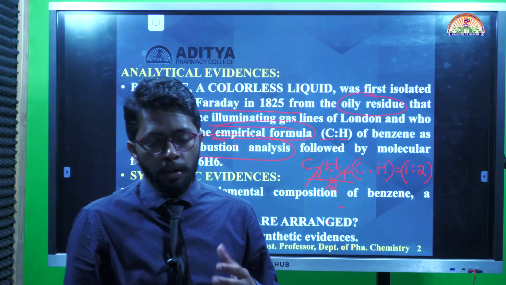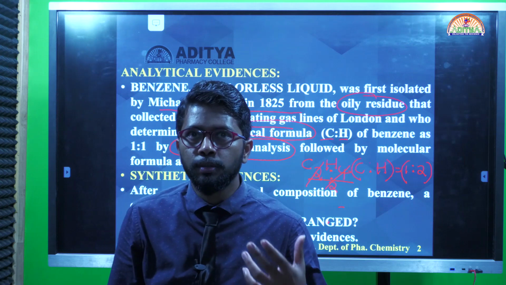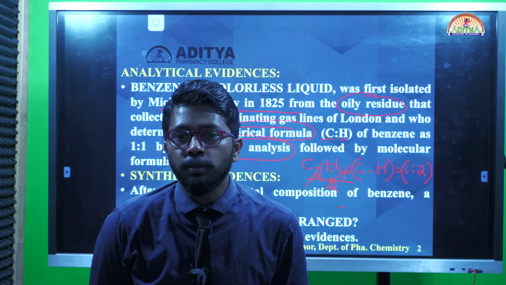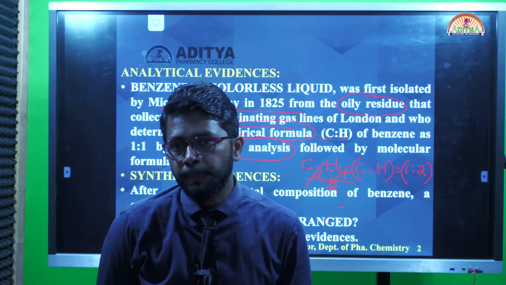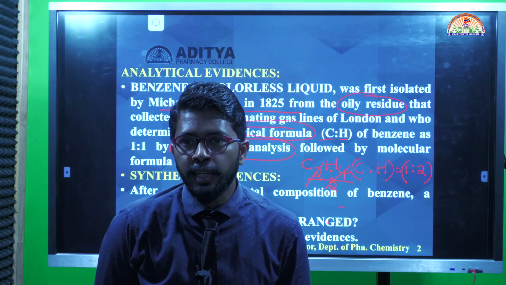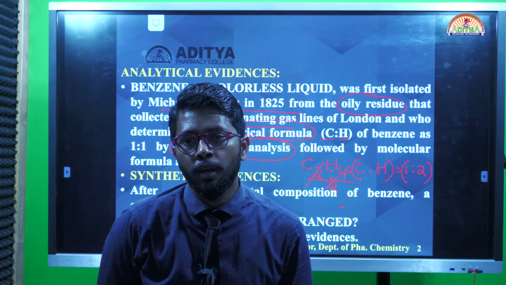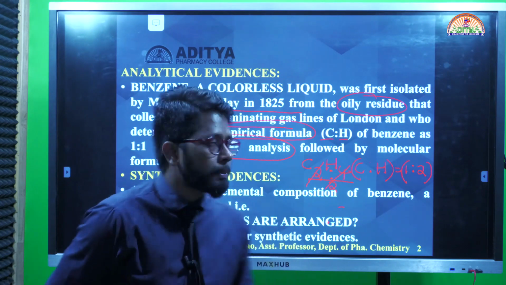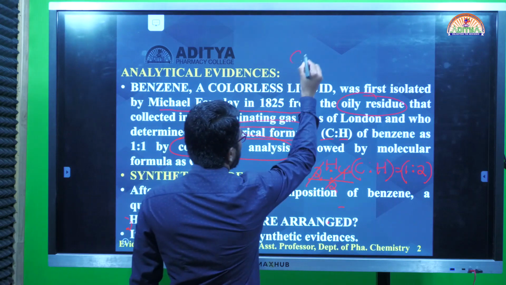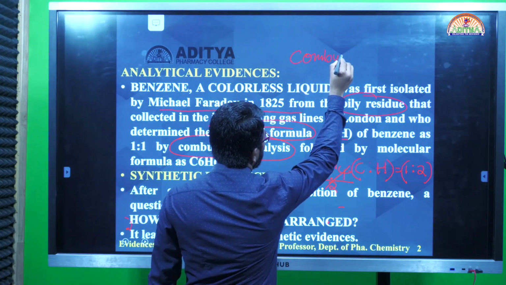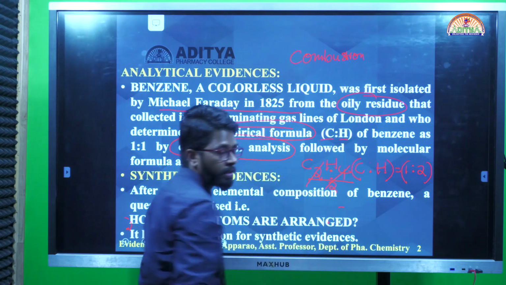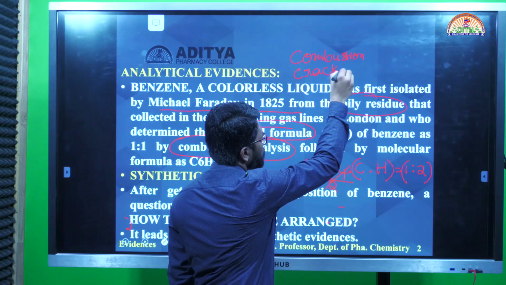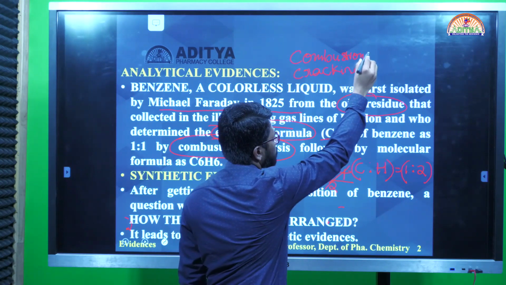One thing we need to recollect is the basic concept from the first year, 1-2 semester, where we saw the combustion process and the cracking process of alkanes. What is the difference between these two processes? We are going to observe that.